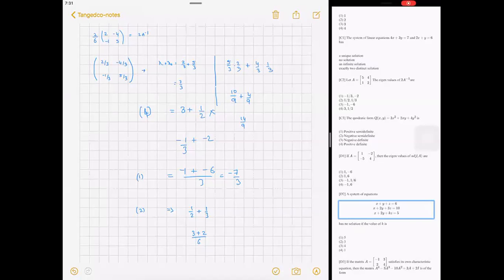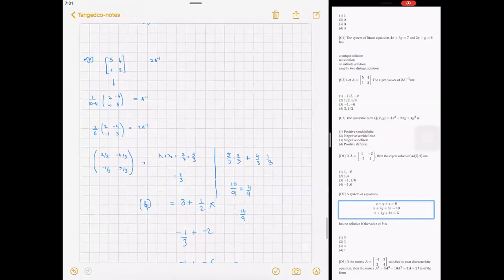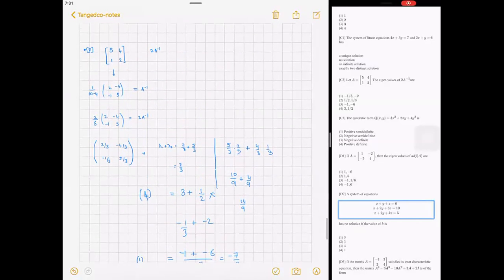Okay, I think I need a little bit of clarification on this problem. So there is another approach. My guess is choice number 1.